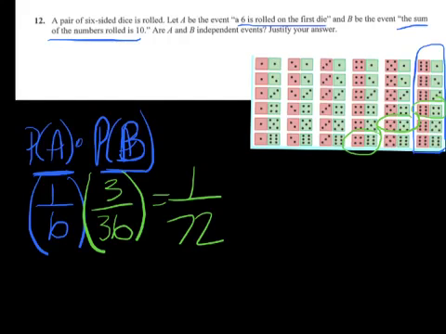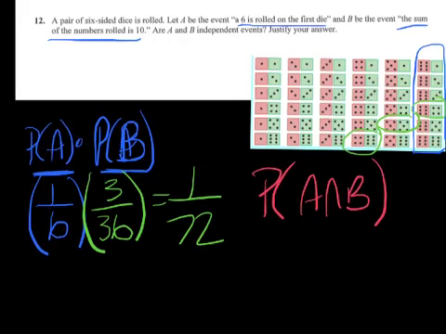Now what you need to do is compare that to the probability of A and B happening at the same time. Notice the difference here. There's one P and there's another P. That means one fraction and a second fraction. Here I just find the probability once. They want one fraction. So I'm going to say the probability of A and B happening together is what? So do this. That a 6 is rolled on the first die, so it's this group right here.